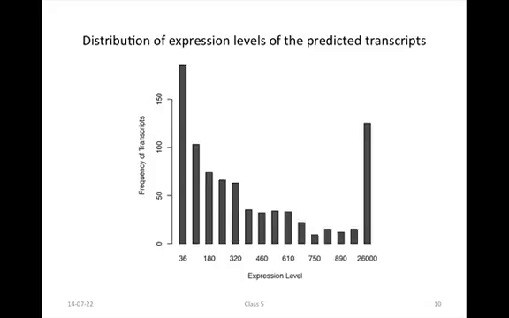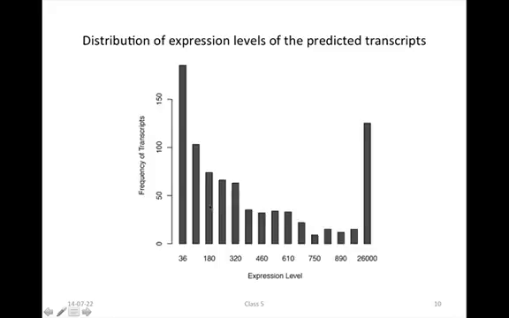Next, what they're doing is they're showing you the frequency of the transcripts, so they can come up with different values for their transcript. And the values, as you can see at the bottom, the expression level 36, 180, 320. So 36 shows that there's low level of expression. They're going up to 26,000 high level of expression.